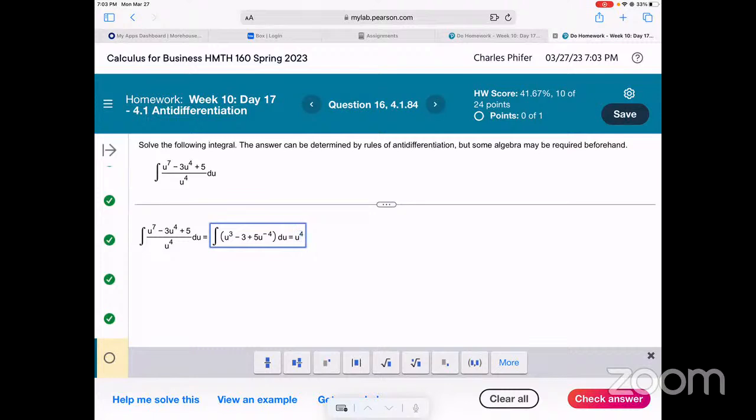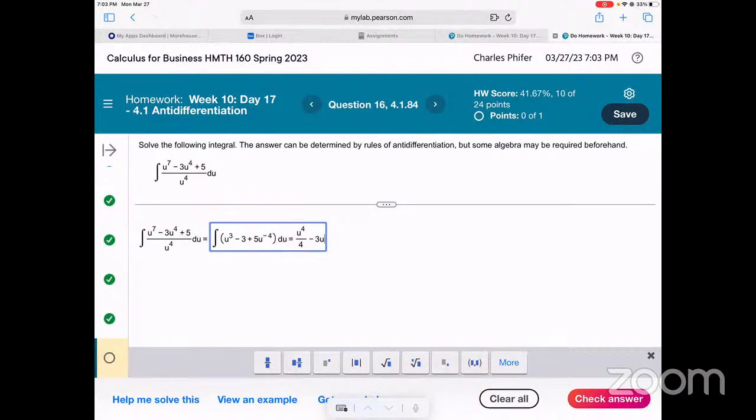Okay. So the integral of negative 3 is going to be negative 3u. Okay. And then with that last one, if you add 1 to the power, that's going to be u to the negative 3 over negative 3.